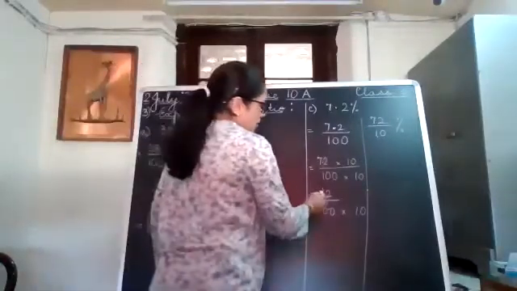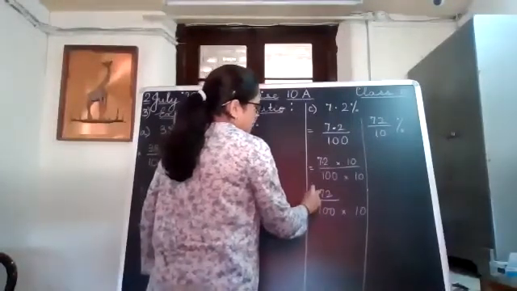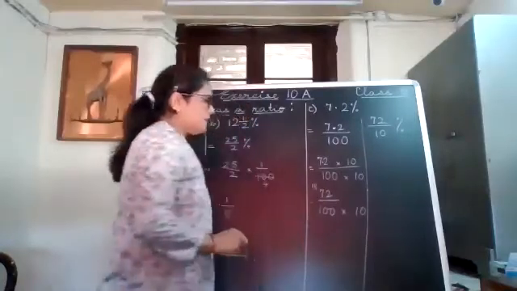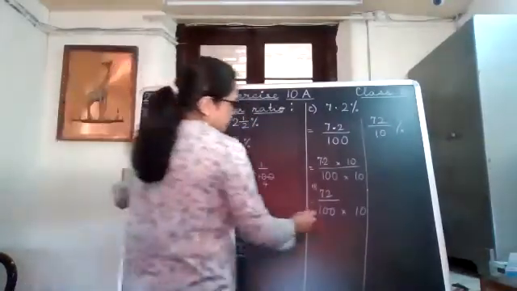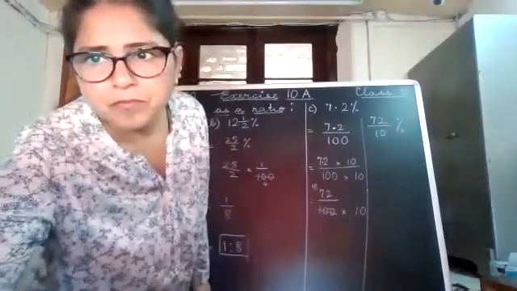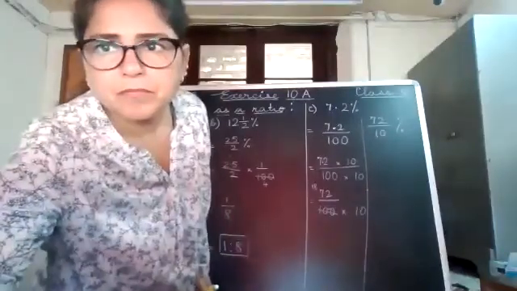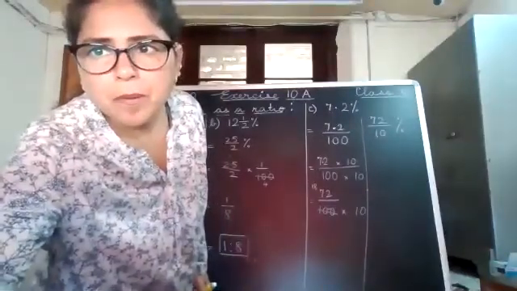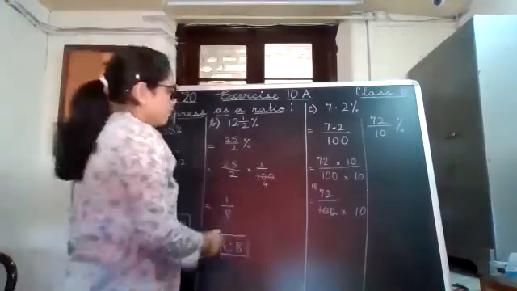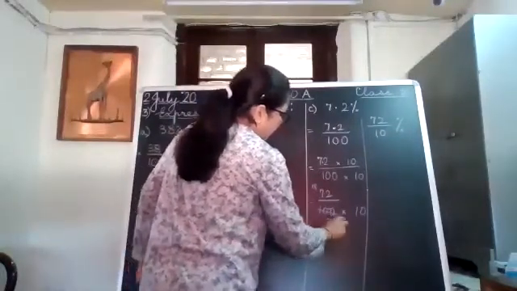Now both of these are divisible by 4. 4 divides this how many times? 4 ones are 4, 4 eights are 32. 4 divides 72 18 times, and 4 divides 100 25 times.